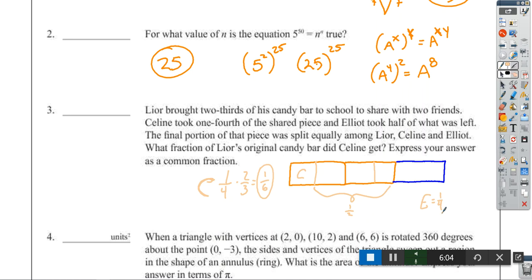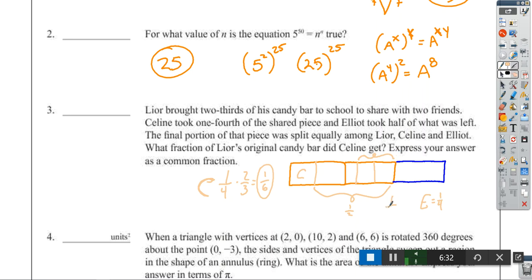And then they split the rest among the 3 friends. So here's half. And so now that means that the remaining piece is 1/4. And the 1/4 is broken into thirds.